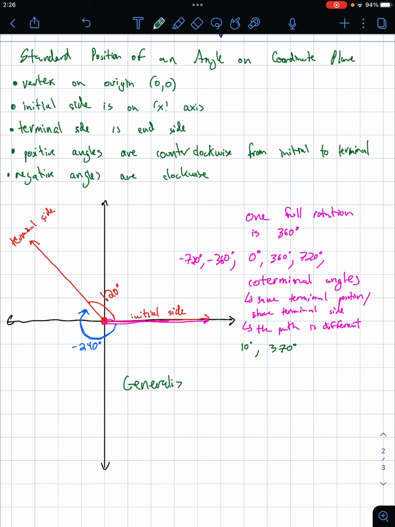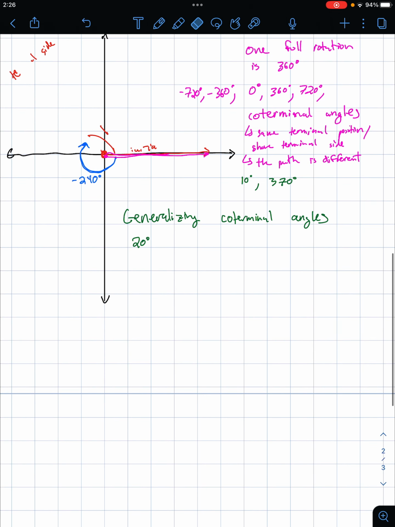Generalizing coterminal angles. If I want to generalize coterminal angles, here I have my coordinate plane.